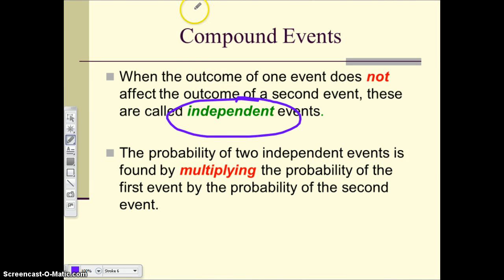For example, if we are rolling a die and we are flicking a spinner, is what happens on that spinner going to affect what number we roll on the die? No. These are independent. And when we have independent events, we multiply the probability of the two events together to calculate the total probability.